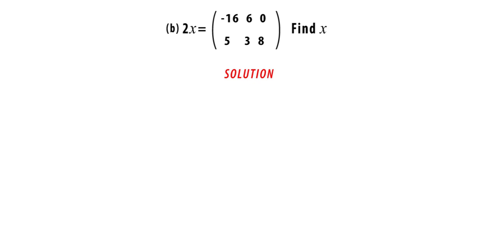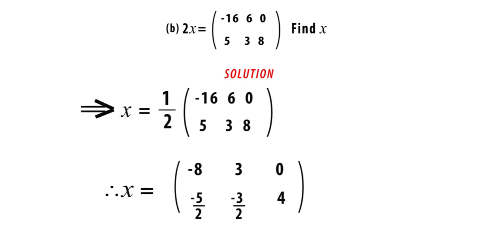Good. Let's look at B. We are given 2X is equal to -16, 6, 0, -5, 3, 8. Again, we will divide through by 2. And so that will give us X is equal to half multiplied by -16, 6, 0, -5, 3, 8.